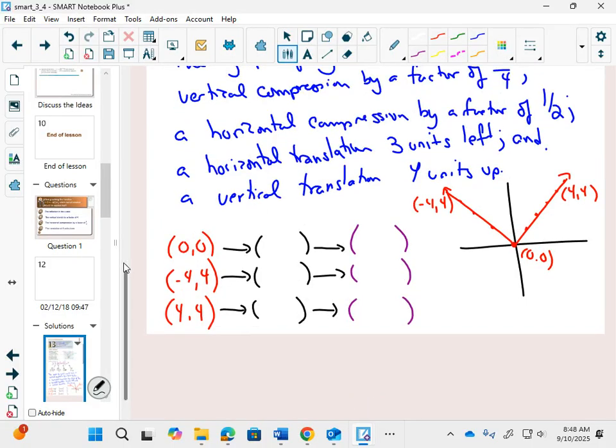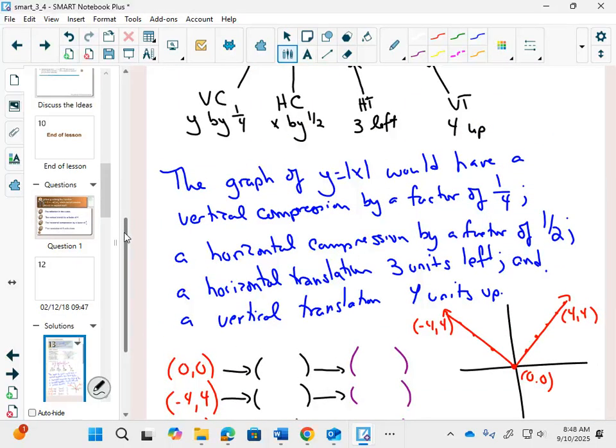Because if we look at what we wrote out, we have 2 things that affect it vertically: a vertical compression and a vertical translation. We have 2 things that affect it horizontally: a horizontal compression and a horizontal translation. And the order matters. Just like reading, you have to go from left to right. The compressions and stretches always happen before the translation.